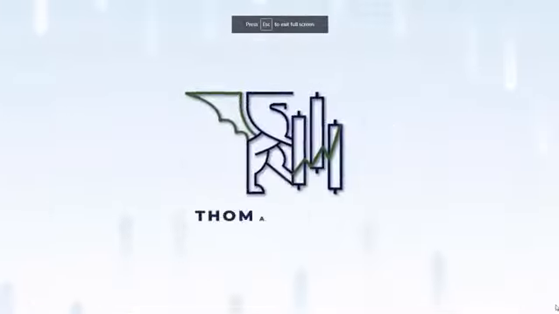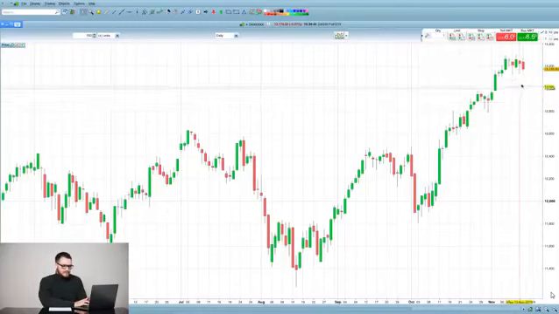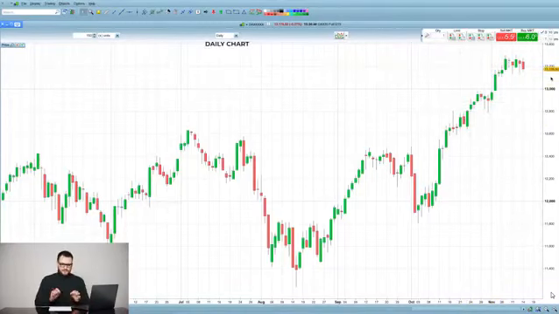For the example, I will be calculating the ATR for the DAX indices that we have in front of us right here. The ATR is being calculated from a daily chart. Mark this as a very important note: the ATR is calculated only from the daily chart.